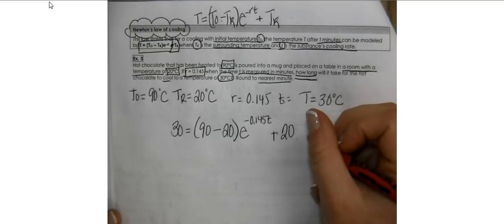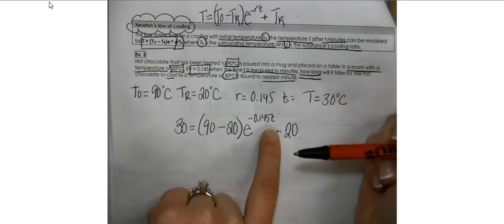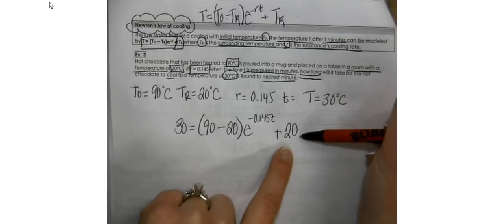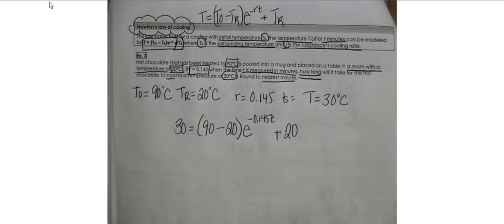So now our goal is to solve for little t. We want to get the e alone, get the base alone, and once we have that base alone, we can rewrite the problem in logarithmic form and find what t is. I'm going to start by subtracting 20 on both sides.